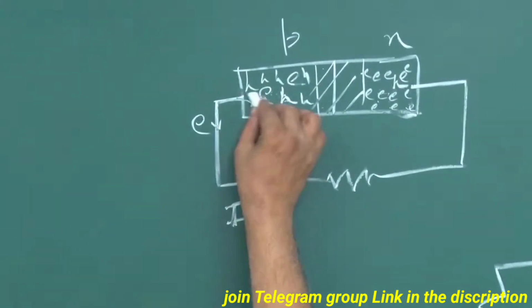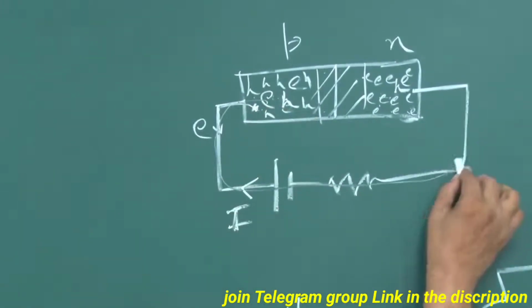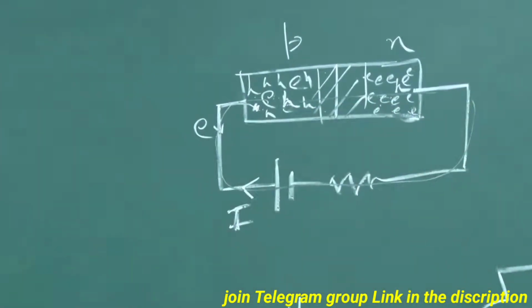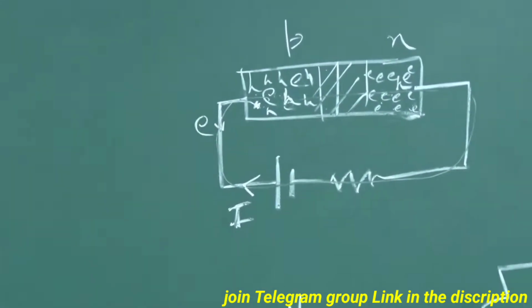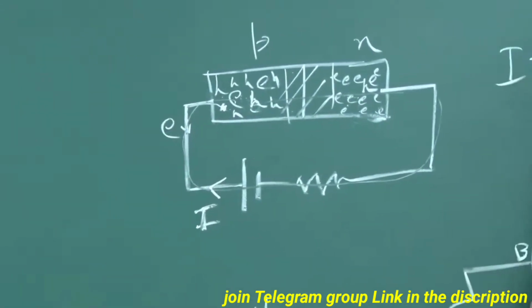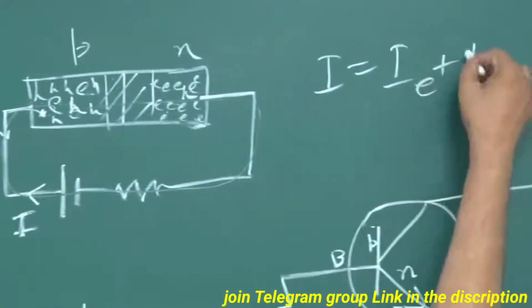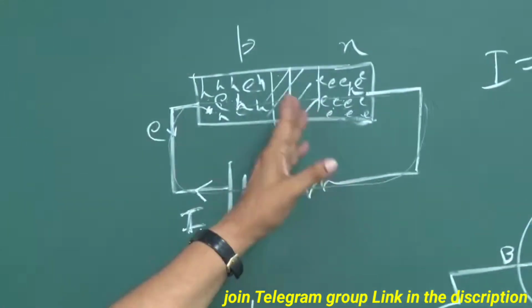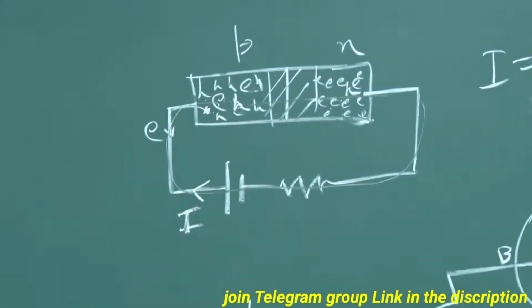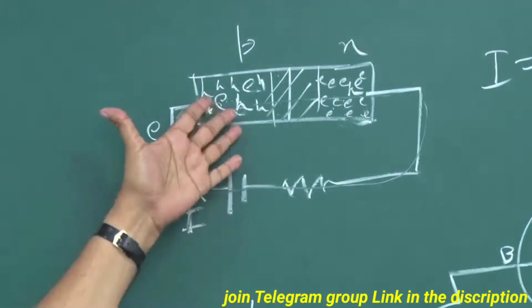And of course, once the electron is here, it will go through this and complete the circuit, and that will contribute to IE. I is equal to IE plus IH. So because of these conduction electrons, you have the current. And a similar thing will happen for these carriers.